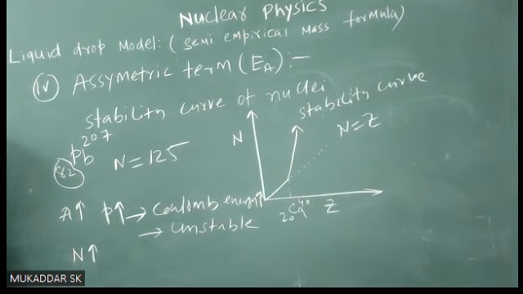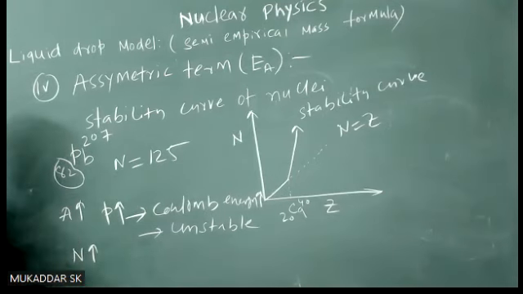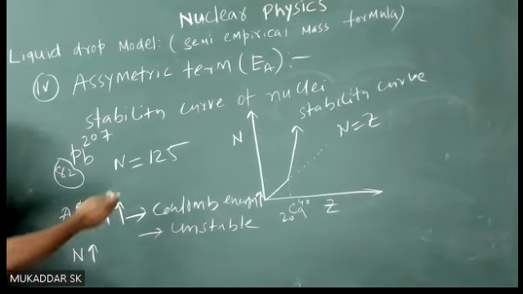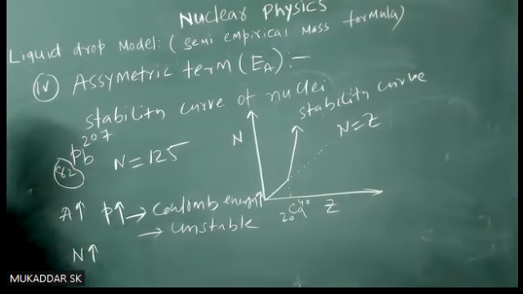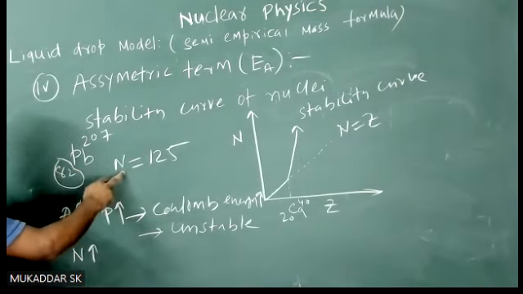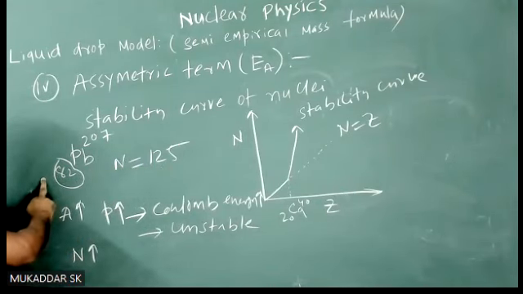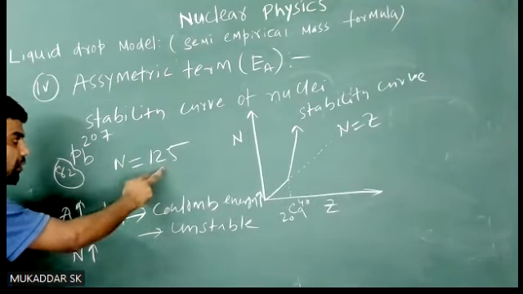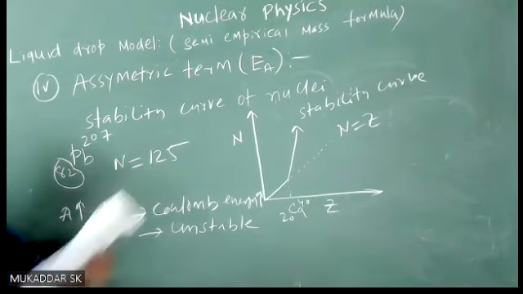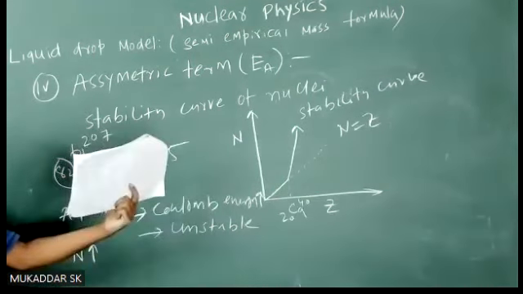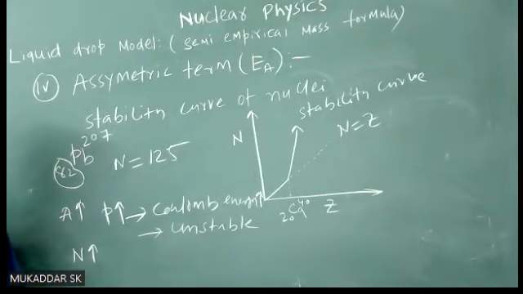Sir, due to increase in protons, Coulomb energy is increasing, na? Exactly. And this contributes to instability. Yes, that's what I'm saying. If suppose you have, let us take a hypothetical case, if the number of protons is now 125 and number of neutrons is 82, then it will contribute more Coulomb energy, and that will make the system unstable.